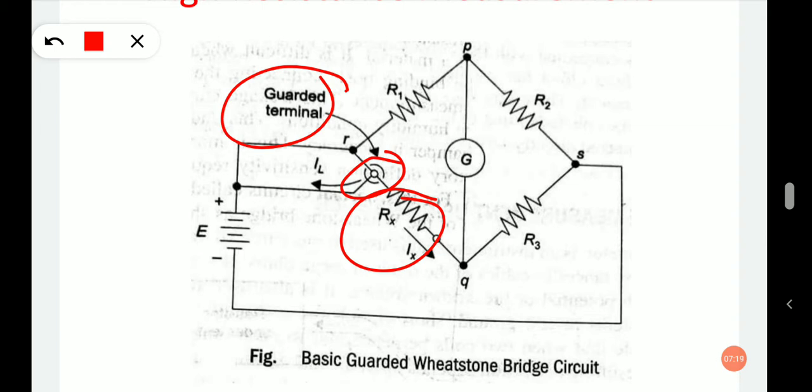Note that the wire should not be in contact with any other part of the circuit. The figure shows the basic configuration of the guarded Wheatstone bridge circuit.